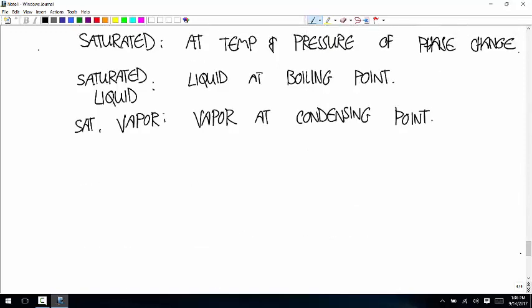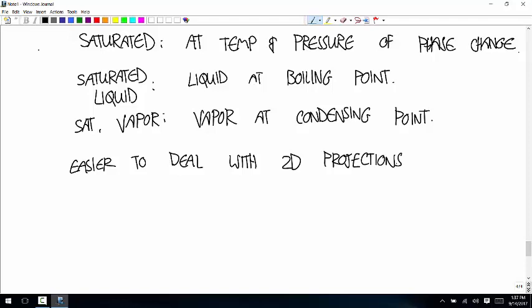Okay, so the next thing we have to talk about is some of these projections. It's easier to deal with 2D projections than to deal with that three-dimensional surface. And so there are going to be three 2D projections, and they'll all be useful for different things.